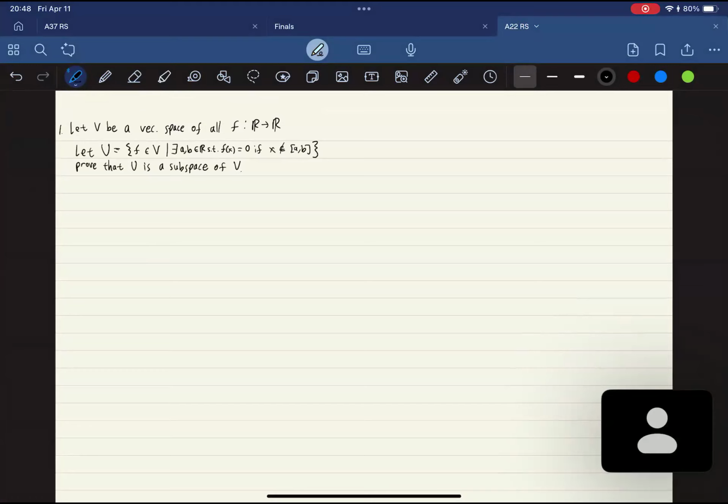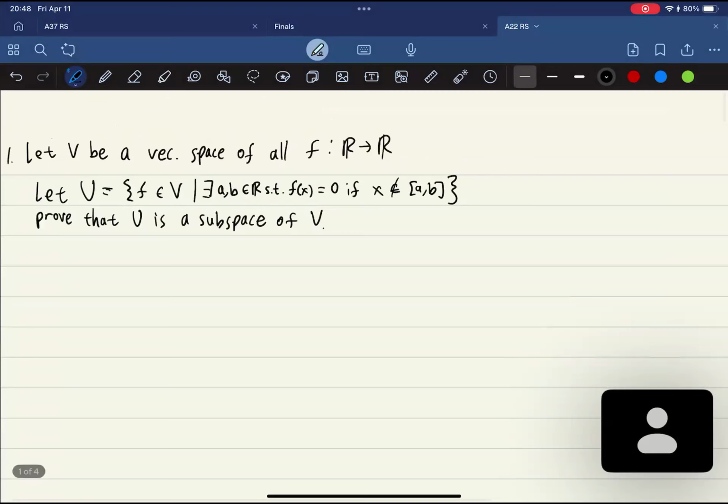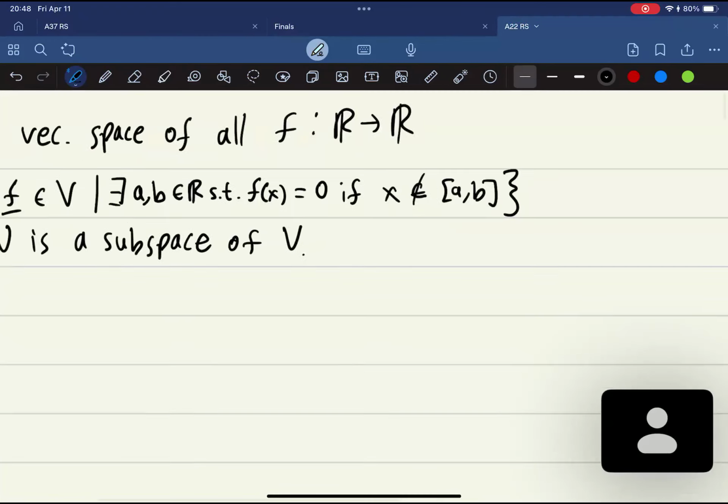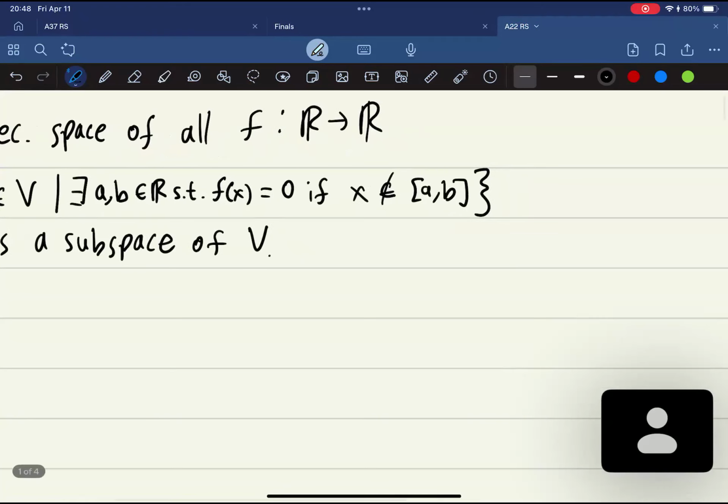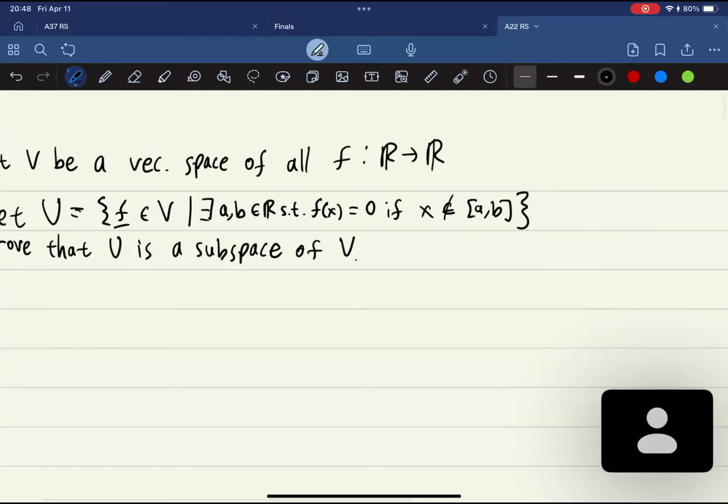Okay, so for the first question, we have a vector space V, which is the vector space of all real valued functions. We let U be a subset of V, the set of all functions f such that there exist real numbers a and b such that f of x is equal to 0 if x is outside of the interval a, b.